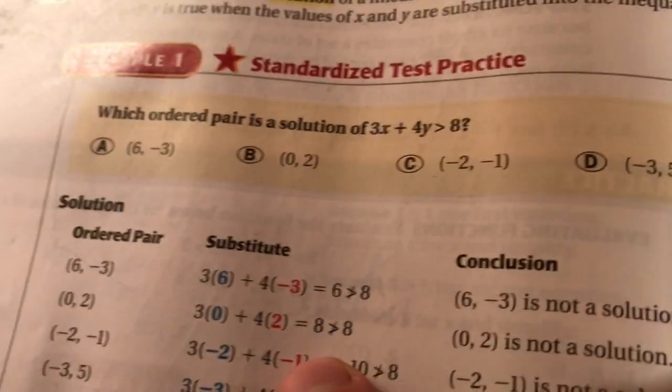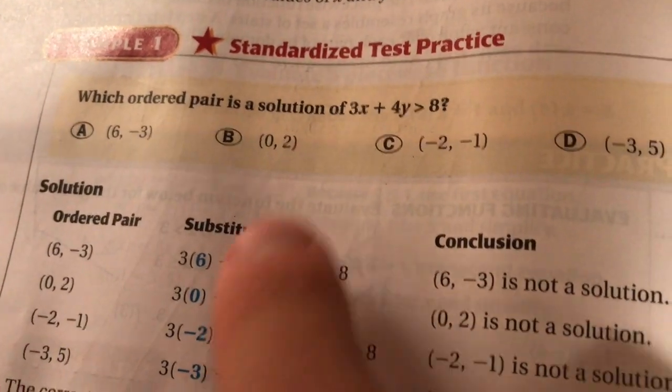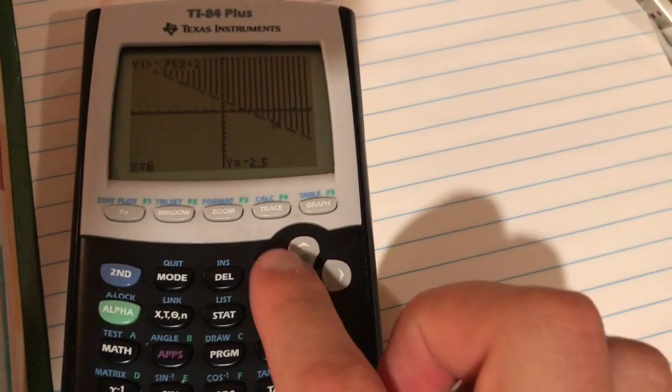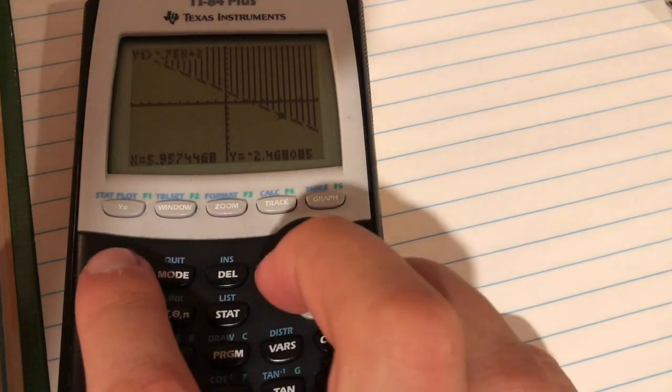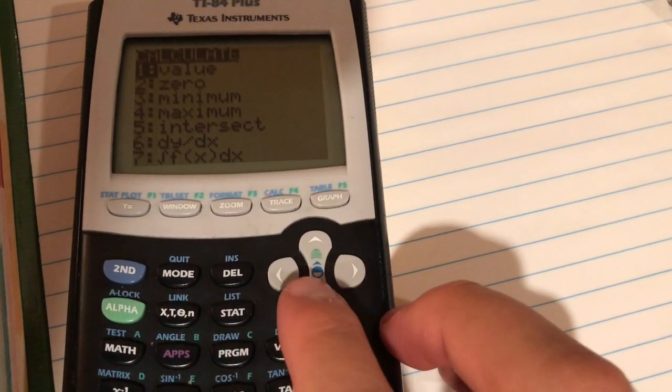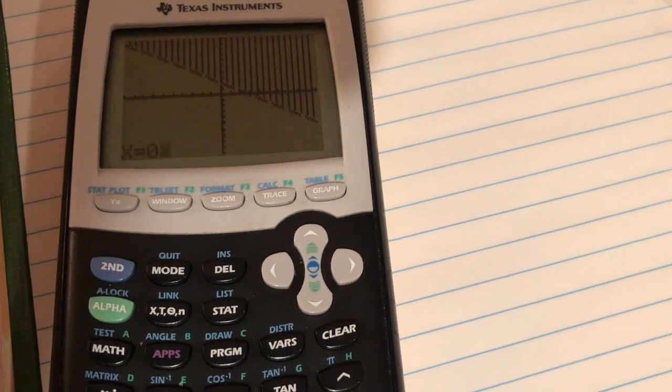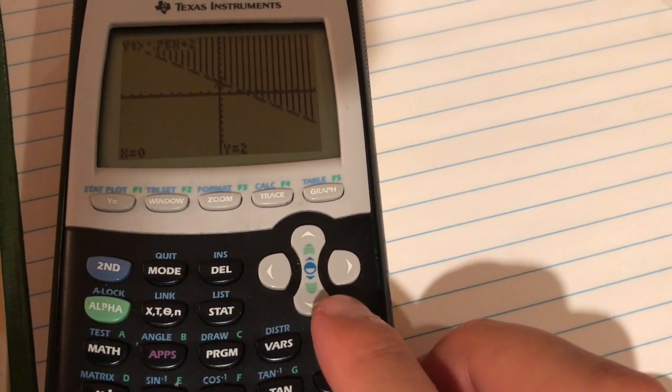It's not a solution. Let's check here. So (0, 2), it's saying right here it should not work out. Let's see how it works over here. So if I go over to calc, value, and we click 0, enter, 0, 2.